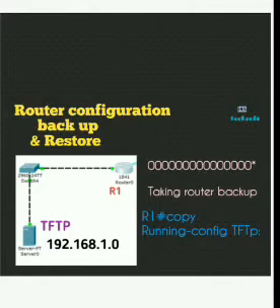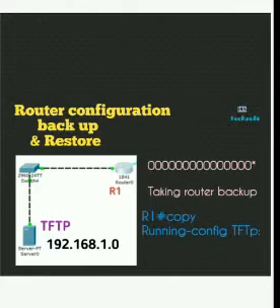I think you have already seen my last video, where I defined the modes of the router, like user mode, privilege mode, all modes. This is privilege mode, guys. We need to write copy running-config tftp and press enter.